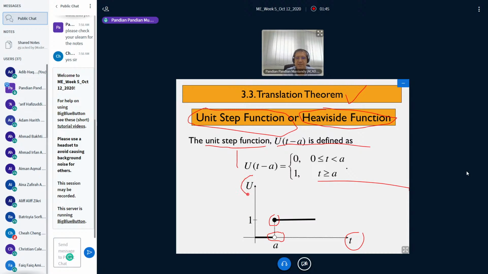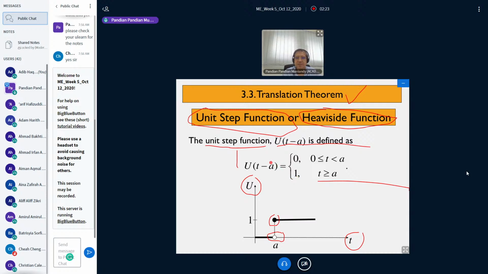This is the y-axis, capital U. When t equals a, this becomes 1. This is a straight horizontal line. When t equals 0, this is 0. When t equals a, it is 1.